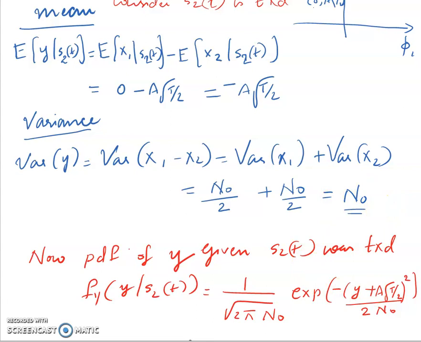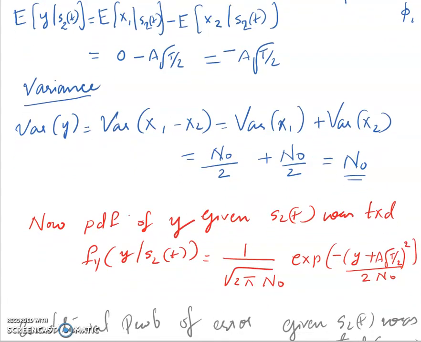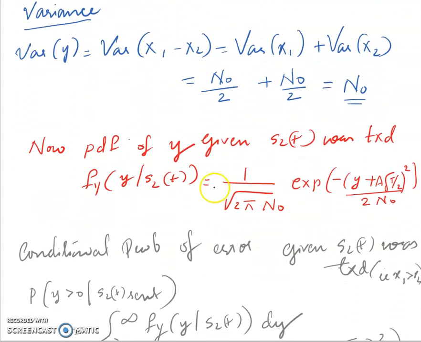Now, we can write down the conditional probability density function, the conditional PDF of y. So, f_Y(y) given s2(t) is transmitted is 1 by root of 4 pi N0, this being the equation for a Gaussian PDF, where sigma square is the variance N0.